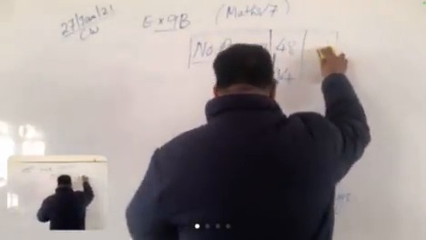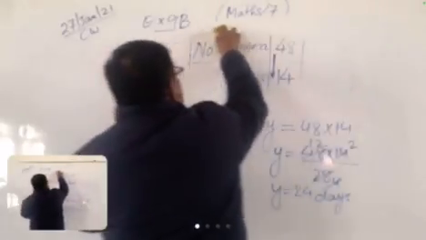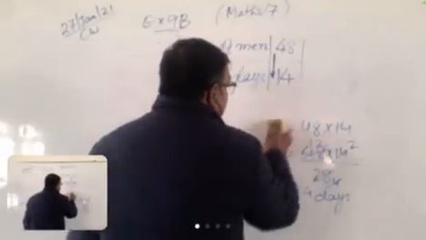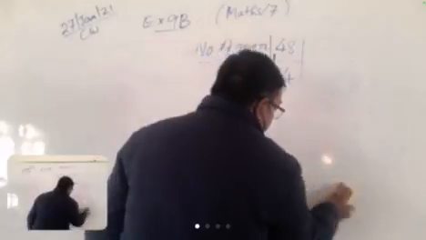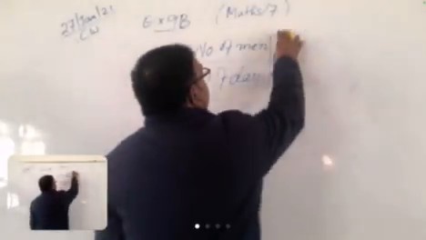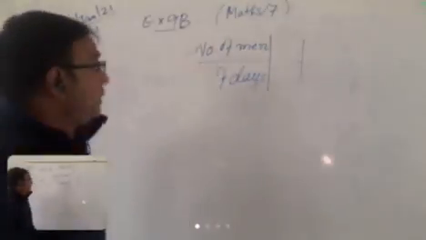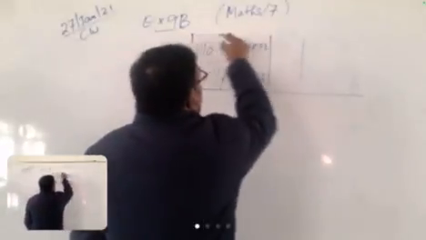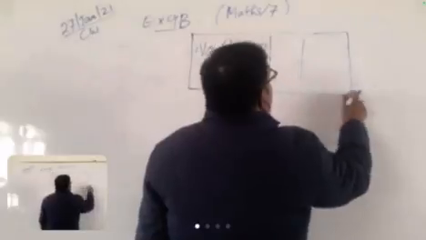Sir, 60 men can reap a field in 30 days. How many men must be engaged to reap the same field in 24 days? So the number of men is here and the number of days is here.